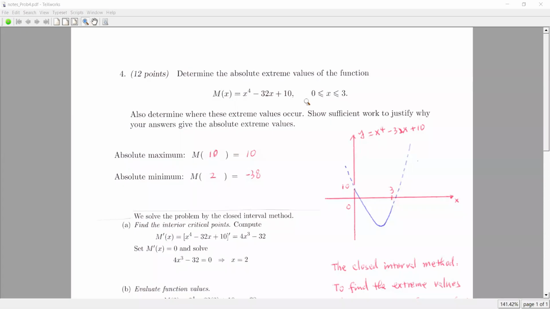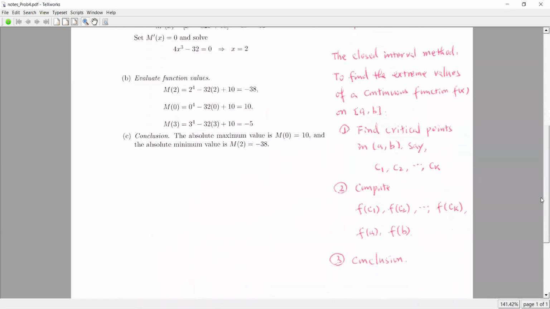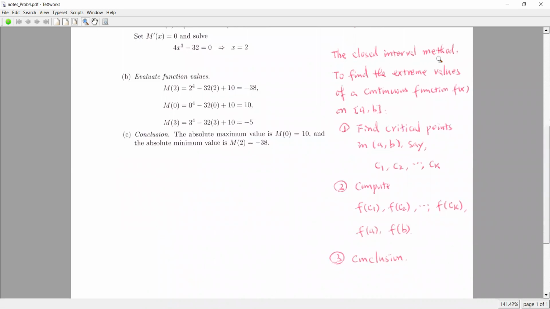To find the absolute extreme values of this function over this closed interval, we use the closed interval method. Take a review about the closed interval method. To find the extreme values of a continuous function on a closed interval, 3 steps.